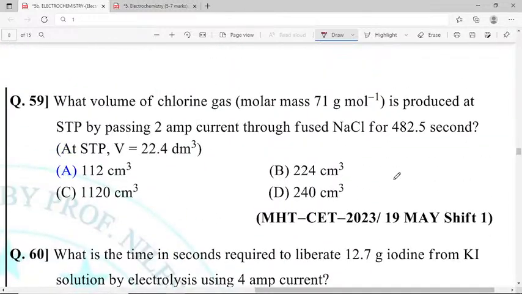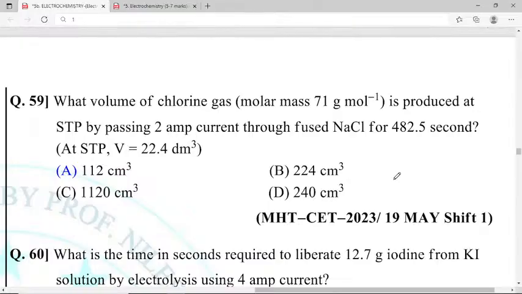What volume of chlorine gas is produced at STP by passing 2 ampere current through fused NaCl? At STP the volume is 22.4 dm cube, so at the end we have to use that relation. First convert to weight. W we have to calculate for chlorine.